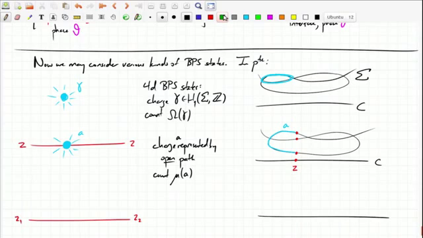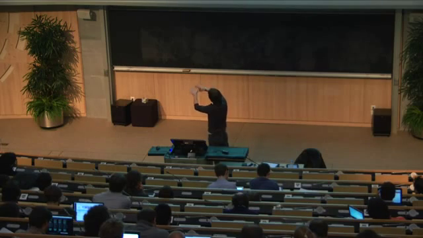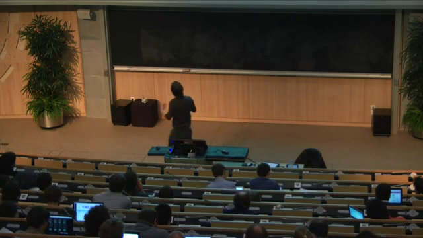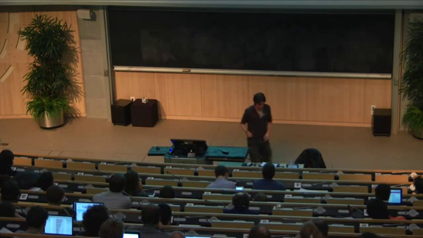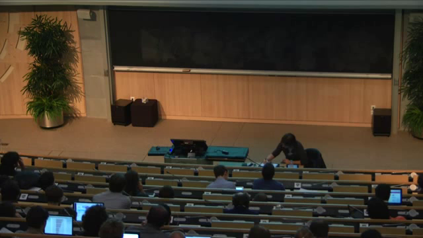So now, just like we had for the usual line operators, we can ask now for the supersymmetric ground states of this system, a kind of complicated system that's made in the UV of these two line operators and an interface that connects them. The supersymmetric ground states of this system are a kind of analog of the framed BPS states. So I call them sort of 2D framed BPS states. So they're BPS states now of this interface. I'll draw them like that.